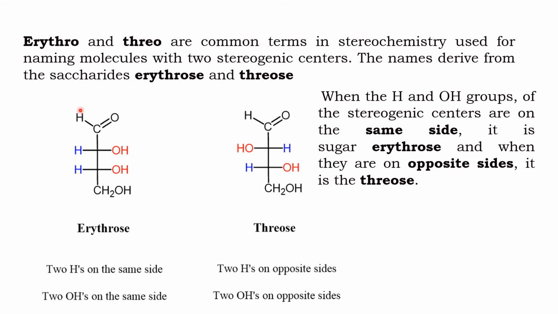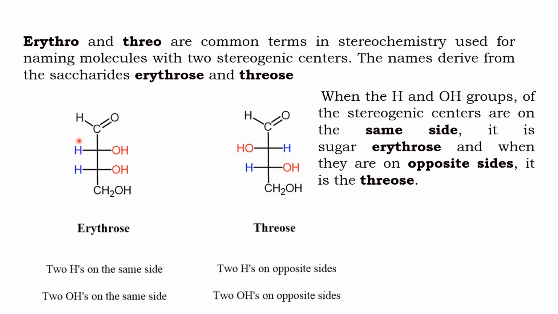So these are examples for carbohydrate molecules, and we use erythro and threo usually for saccharide molecules, but it could also be used for any organic compound having two asymmetric carbon atoms having almost the same groups attached.